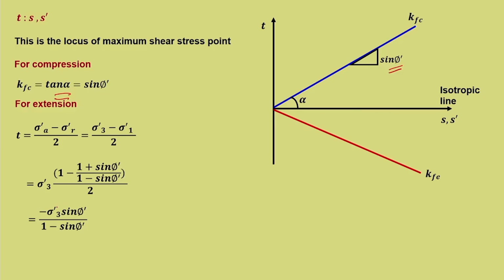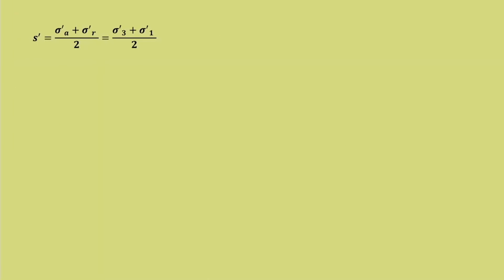If I write it here, this will be equal to minus 2 sin phi dash by 2 into sigma 3 dash upon 1 minus sin phi dash. So, that will give minus sigma 3 dash divided by 1 minus sin phi dash.